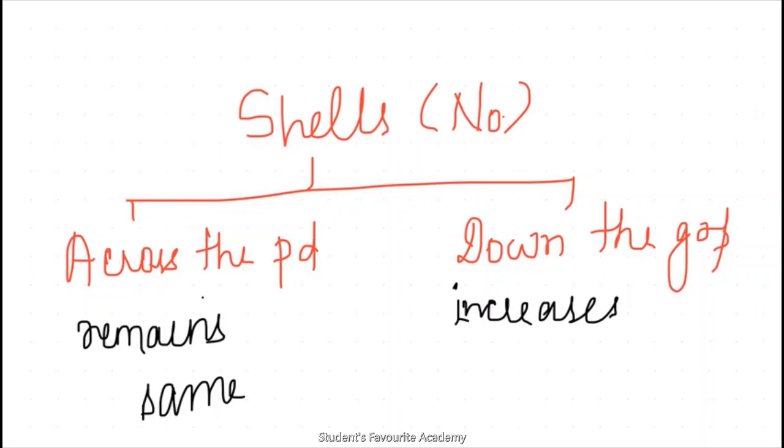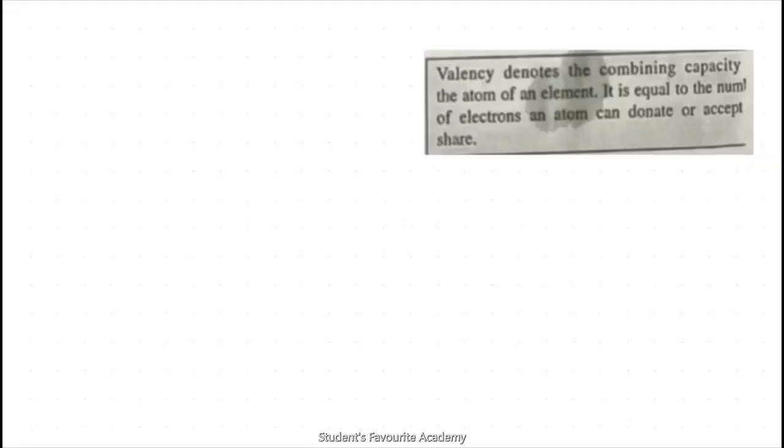Now children, I will move to the second important concept in this chapter, that is called valency. Now what is valency, children? Valency is defined as the combining capacity. Now what is combining capacity? Suppose I am having an element. So valency here denotes the combining capacity.